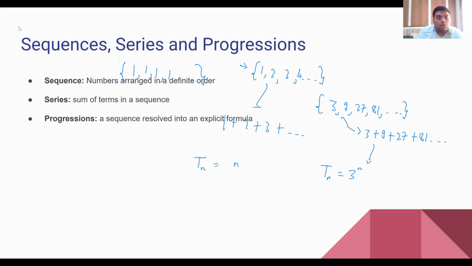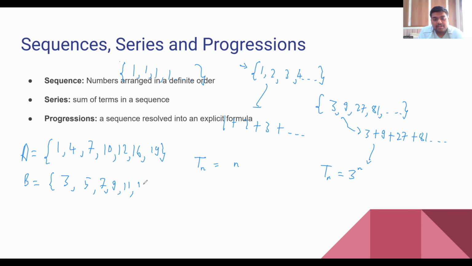So tell me, out of these two sets of numbers that I draw, which one is a sequence and which one is not? So see, the first one is 1, 4, 7, 10, 12, 16, 19. So this is the first set A, and the set B is 3, 5, 7, 9, 11, 13, and 15.